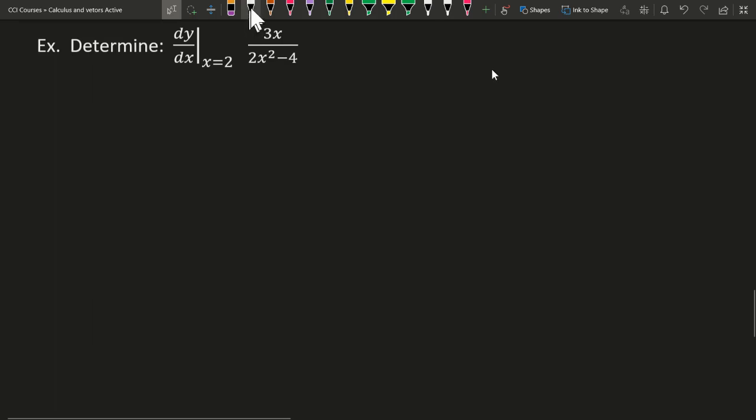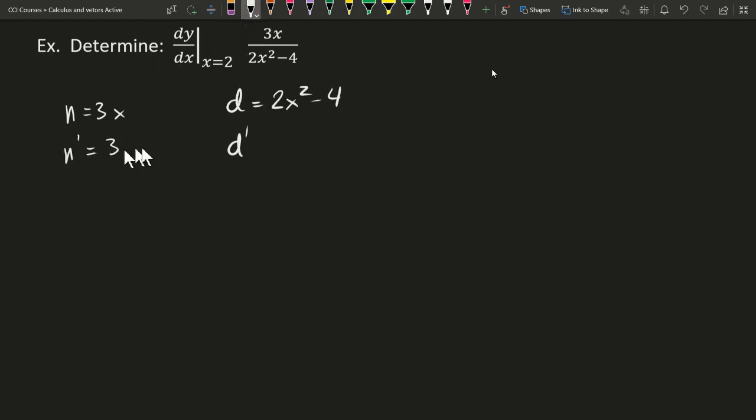I have to first find the derivative. This derivative is going to be, I'm going to say the numerator is 3x. The denominator is 2x squared minus 4. D prime and n prime are each as seen here in the thing.